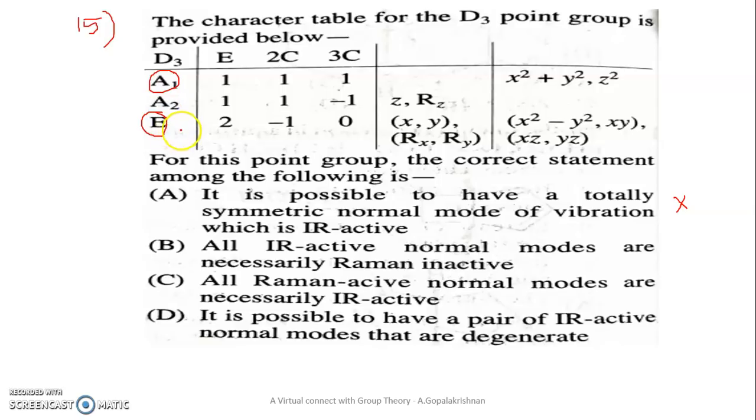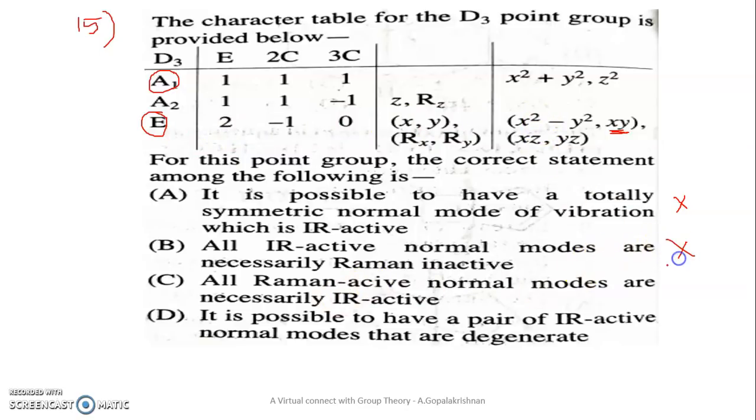If any vibration belongs to E, in the third column they have X component and Y component, so they are IR active. And in the fourth column they have XY component, so it is also Raman active. So that means the vibrations which are IR active can also be Raman active in this case. So this statement is also wrong.